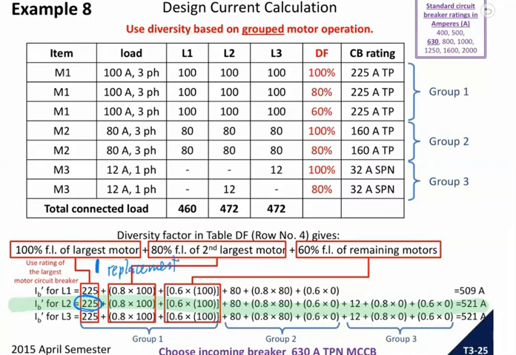So we only do one replacement. Notice that we do not replace the full load current of M2 with the circuit breaker rating. We keep this as 80. Neither do we replace this. So we still keep it at 12. We only replace the full load current of the largest out of all.